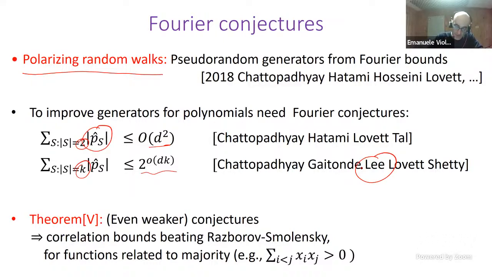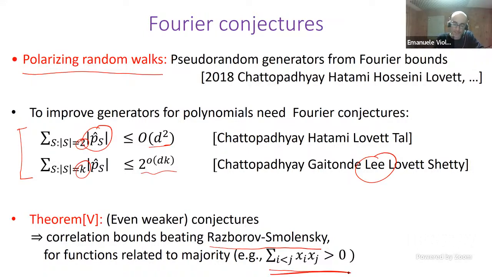Okay, so these things were proposed, and a theorem that we proved is that this conjecture, in fact even weaker ones, imply correlation bounds which solve the problem in the previous slide. They particularly beat Razborov-Smolensky lower bounds, and the functions that would be hard for polynomials are some variants of majority. They are kind of like polynomial threshold functions.